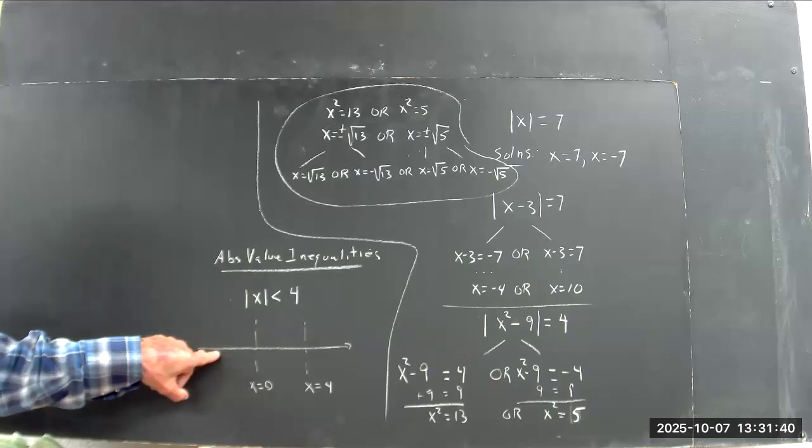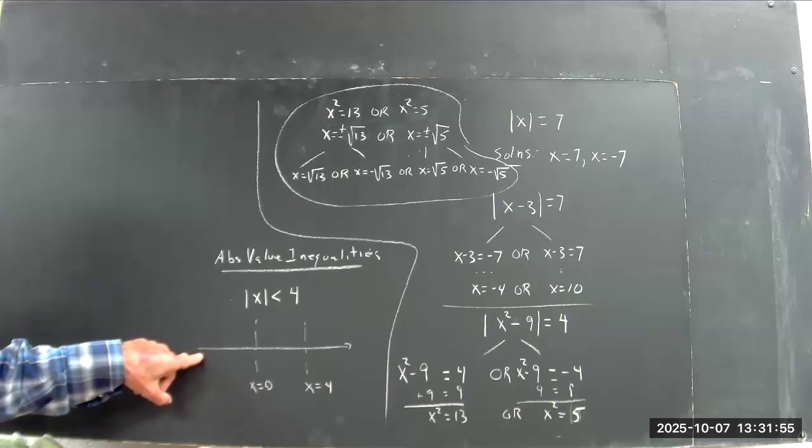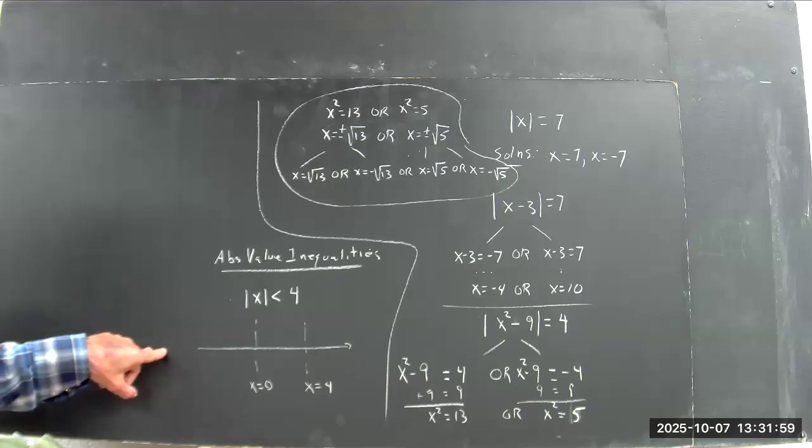If I go to x equals -2, the absolute value of -2 is equal to what? 2, and is that less than 4? Yes or no? See some thumbs. What about -3? Yes or no? And what about -4? Yes or no?